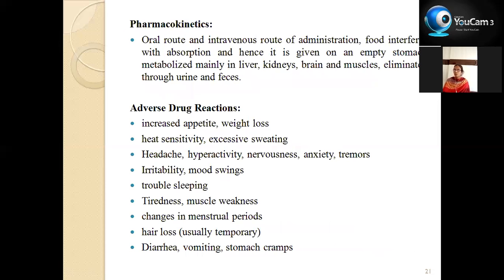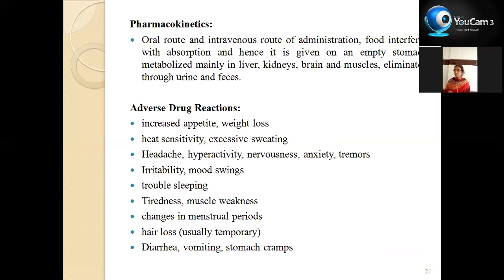Next, pharmacokinetics. The routes of administration are oral and intravenous. Food interferes with the absorption, so this drug should be taken on an empty stomach, before food, for better absorption.